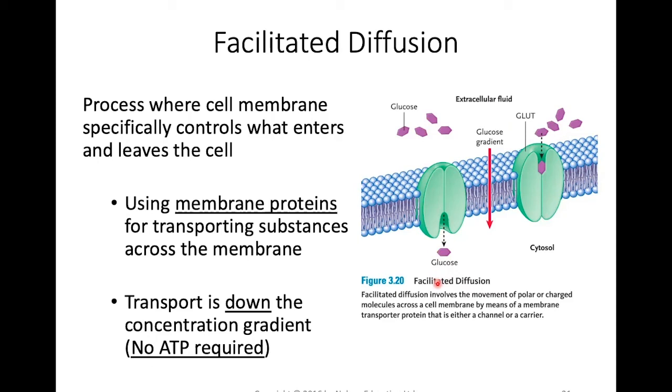So that's facilitated diffusion. With diffusion, the molecule is simply capable of passing through, but for those substances that are still moving with their concentration gradient from high to low, but are too large, they require the use of a specific protein. So this membrane protein brings, for this example, glucose into the cell using facilitated diffusion.